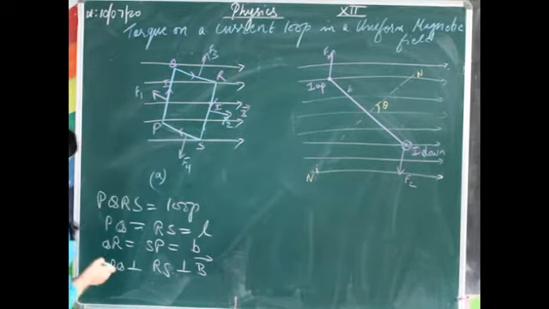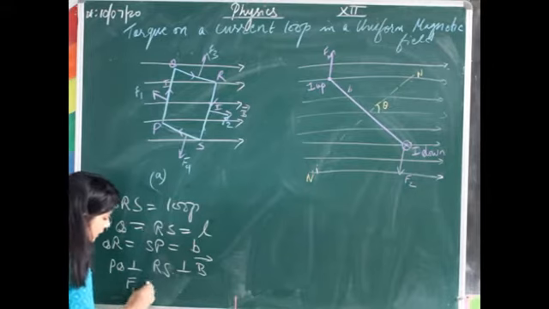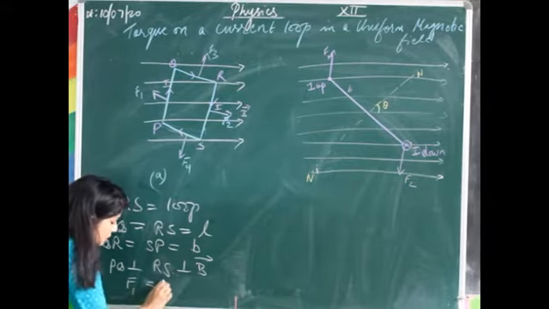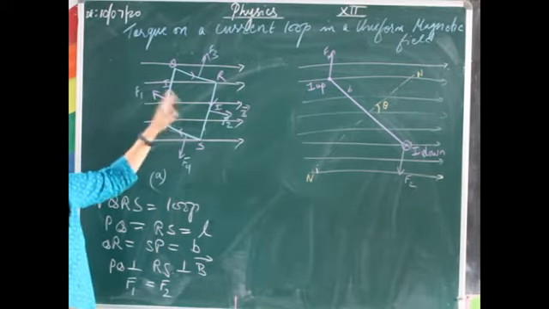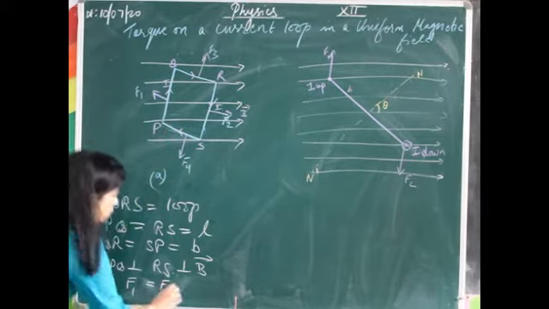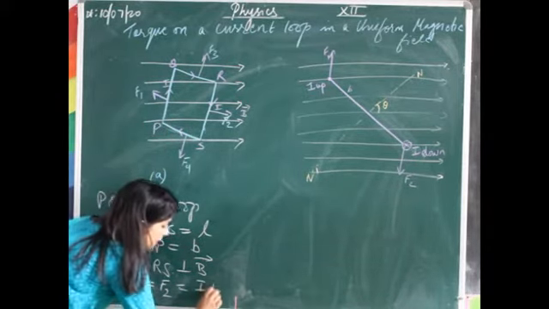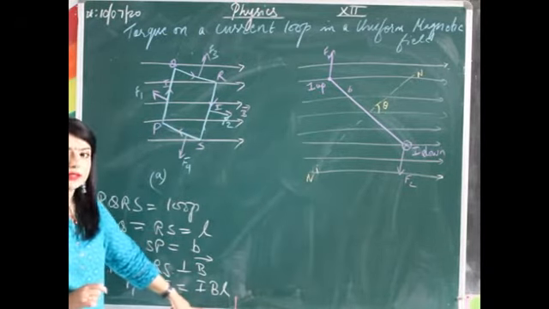So from here, using Fleming's left hand rule, F1 is equal to F2. Both forces are equal but opposite in direction, which is equal to I, B, L. This is the equation of the force we have studied in the previous chapter.